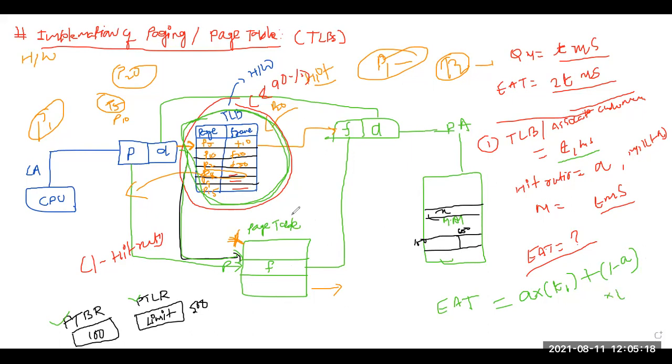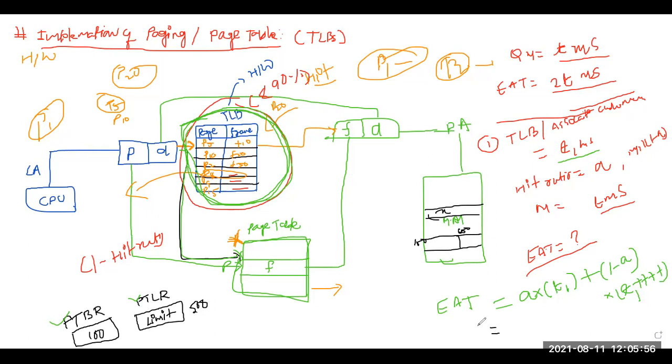if it is missed, what do we have to do? Now there will be a time wasted for searching in this, which is your T1. Time wasted in searching in this. If TLB miss, first of all I have searched here, that is time wasted here, plus time to access this page table, which is nothing but time to access the memory, which is T, plus time to access the data which is present in main memory, which is again T. So what will be your final formula?